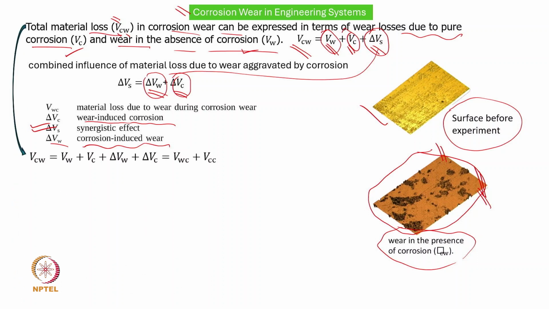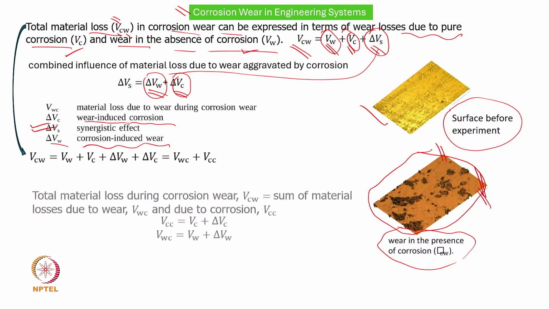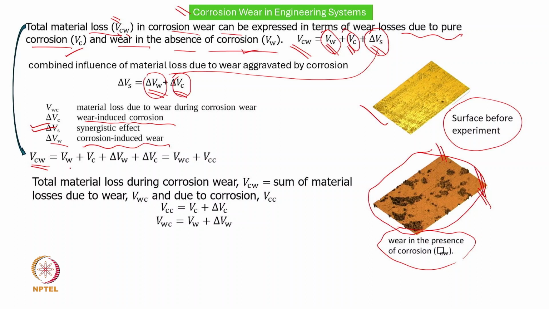So how do we analyze it? We say total material loss can be given in terms of V_W, V_C, and then the wear-induced corrosion and corrosion-induced wear, these two terms.